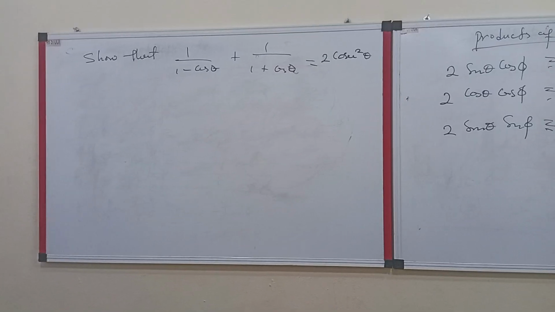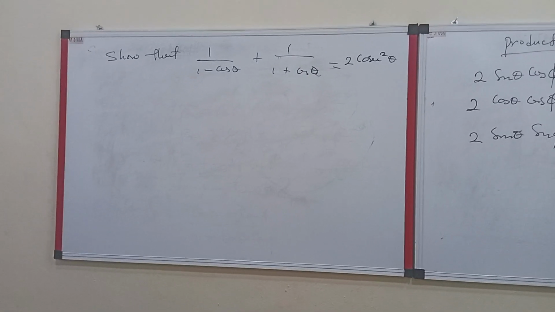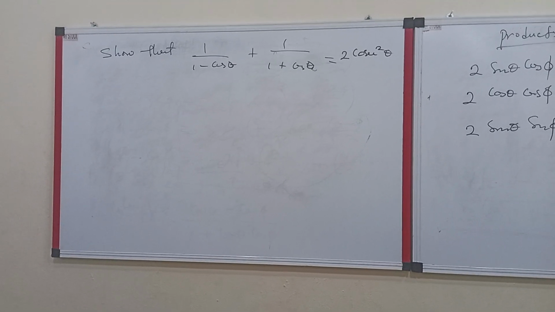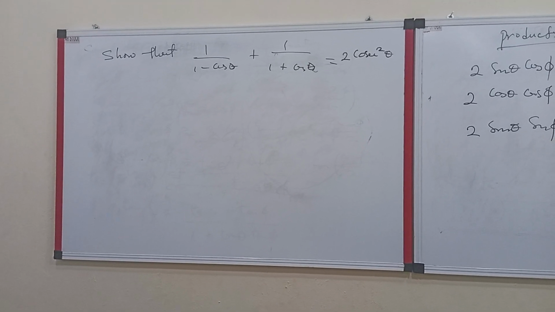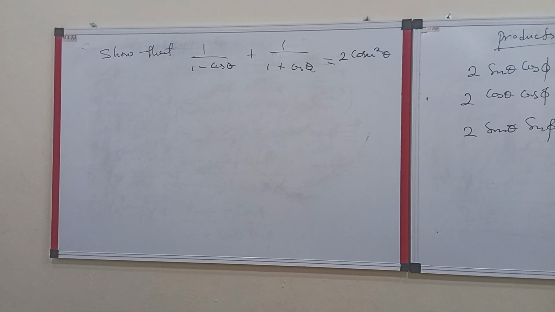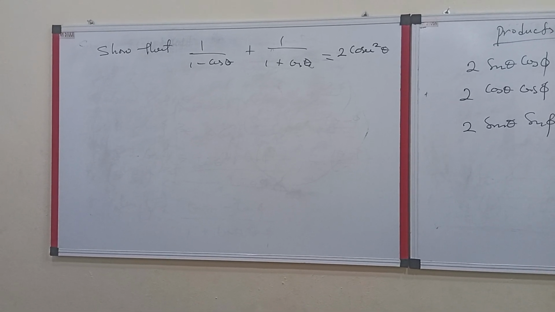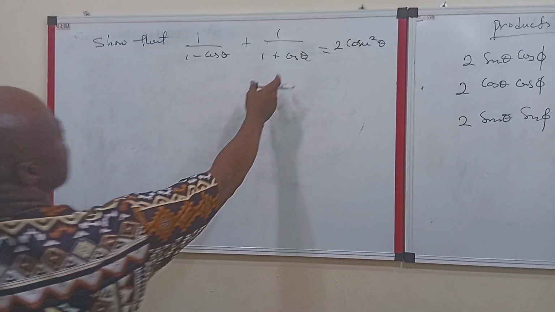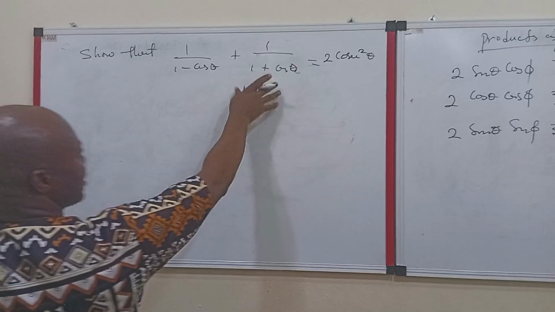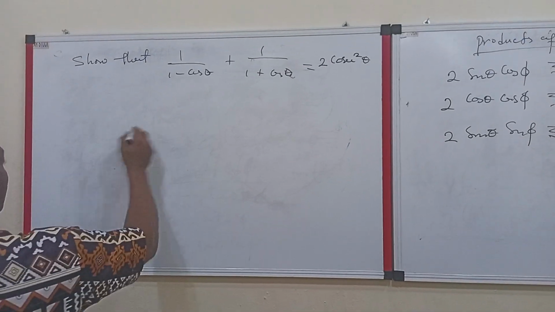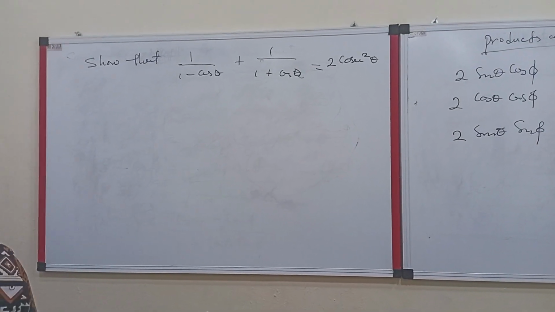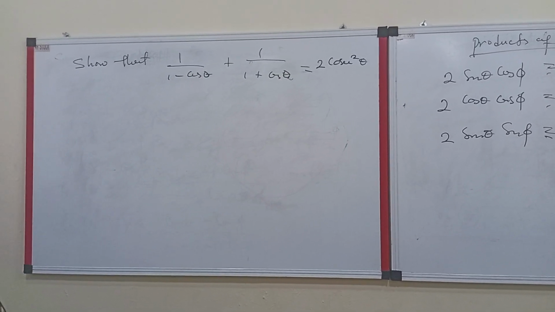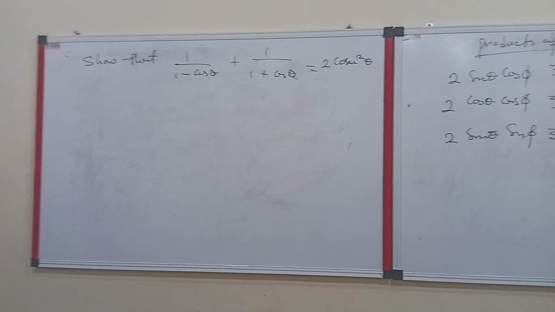If you're asked to show that, what do we do? This we can solve in a reasonable way. First of all, we take the LCM of this side, taking the product of this and that.